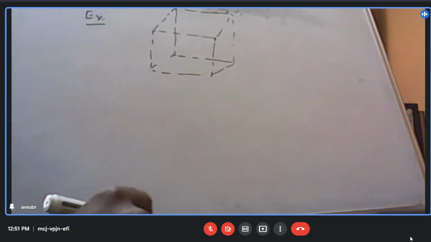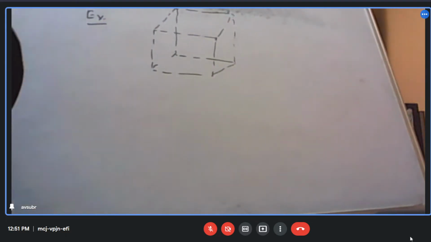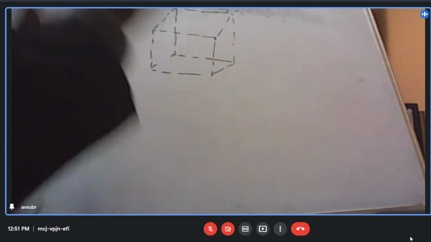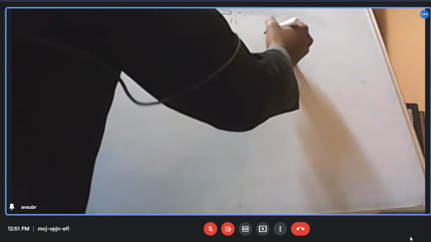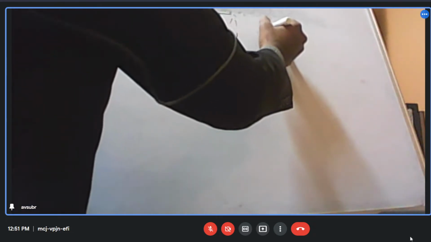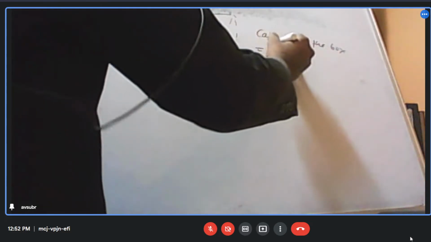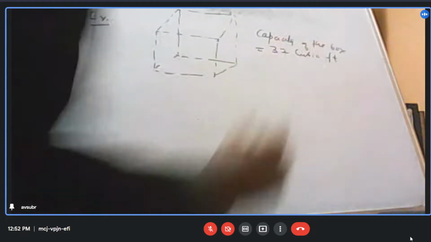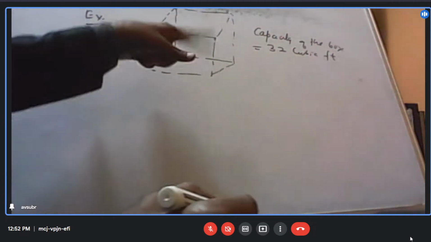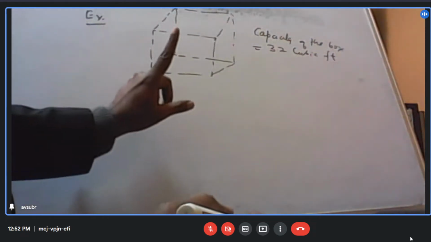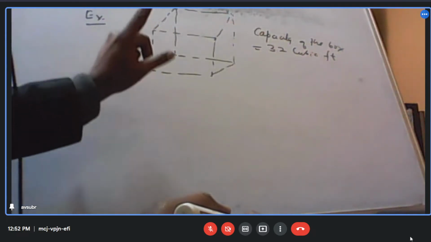Now, the volume of this box, or what it tells you, the capacity of the box is 32 cubic feet.